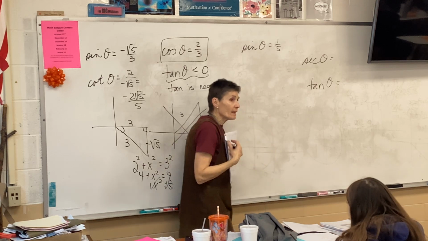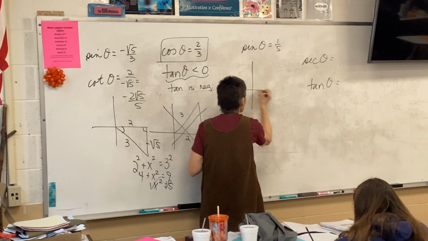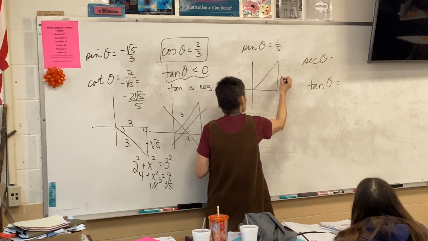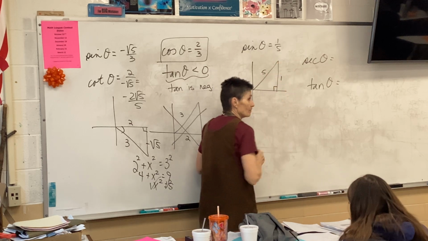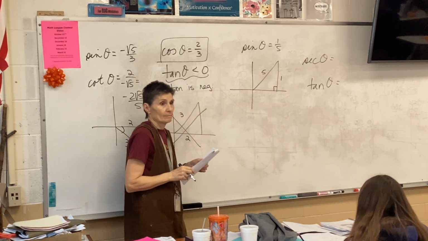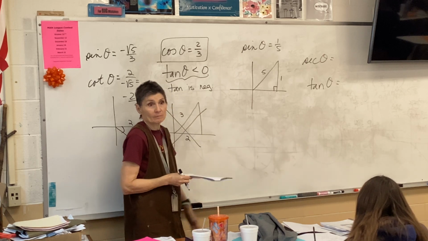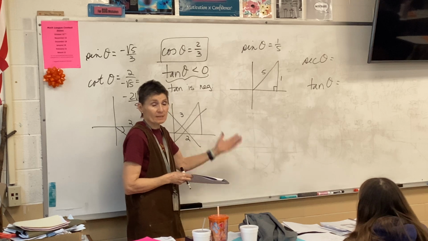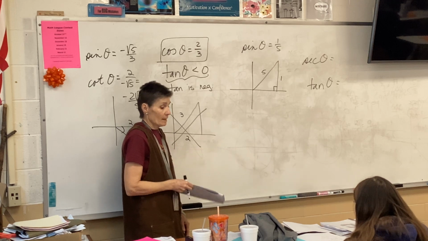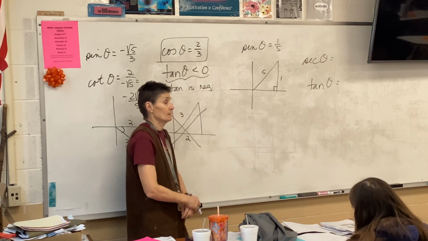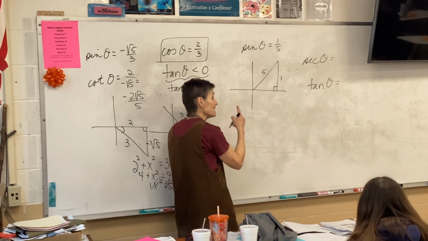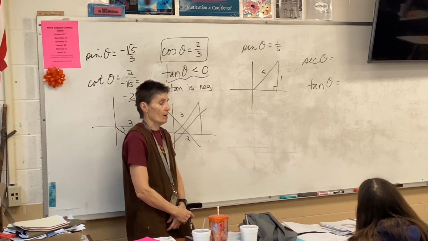So if you're like me, you are immediately thinking about this picture. Isn't opposite over hypotenuse 1 over 5? So that makes perfectly good sense. And then here's where the tricky part comes in. Would there be any other triangle I could draw?